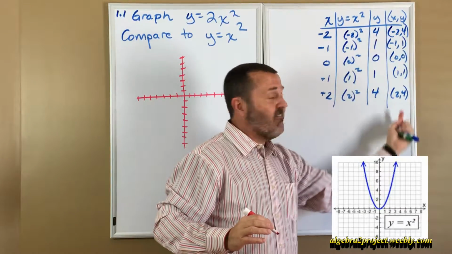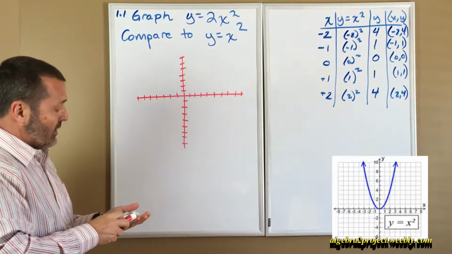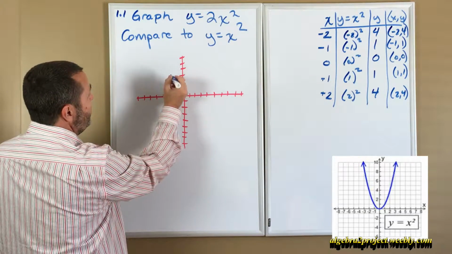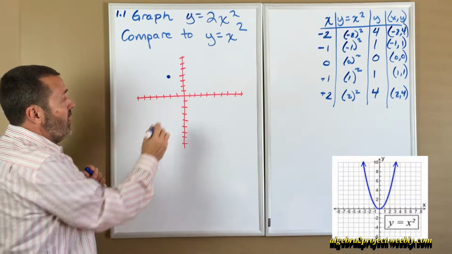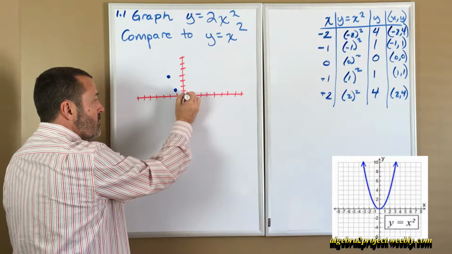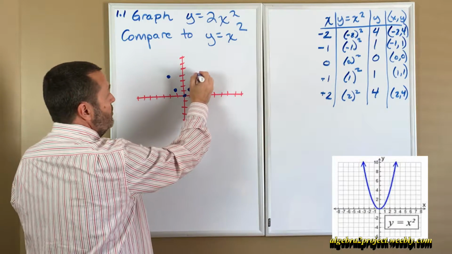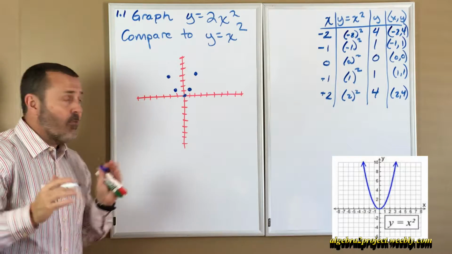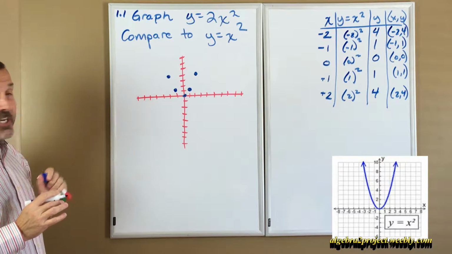I will graph my 5 ordered pairs to create my parent function y equals x squared. -2, 4 is somewhere about right in there. -1, 1 would be about right there. 0, 0, 1, 1, and finally 2, 4. Okay? And I can create my parabola, or my quadratic function y equals x squared.